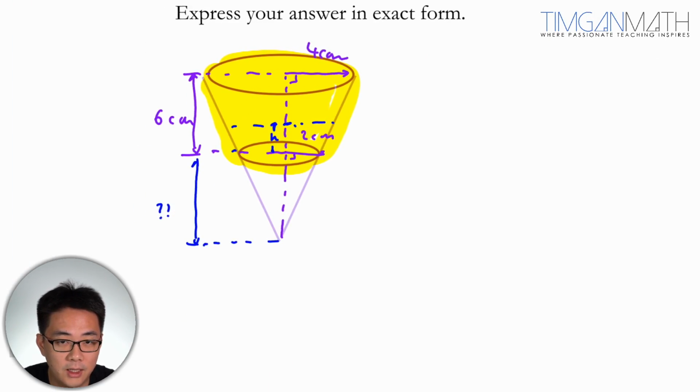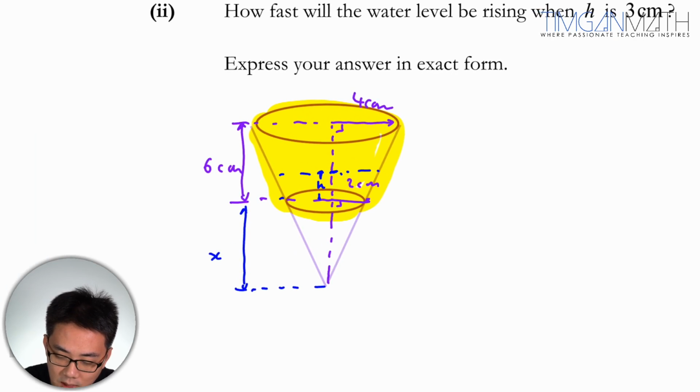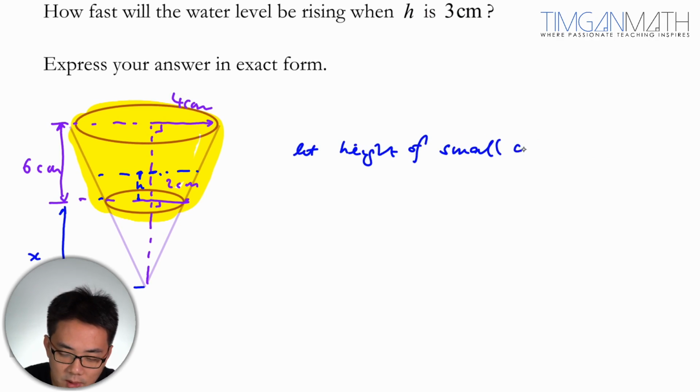So I think at a glance, I'm just gonna let this be x. This be x, and that will be easier. So in this case, let the height of the small cone, because it's a truncated cone, so if you write small cone, they will know, be x.